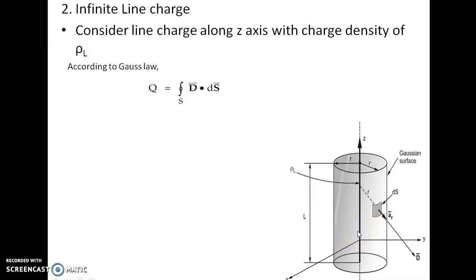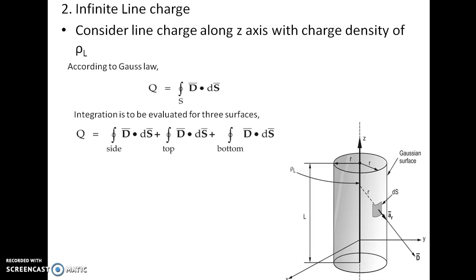So we can write this equation in three parts, one with respect to the sides, one with respect to the bottom surface, and one with respect to the top surface. Now, D acts along the radius, so it will have only a radial component.